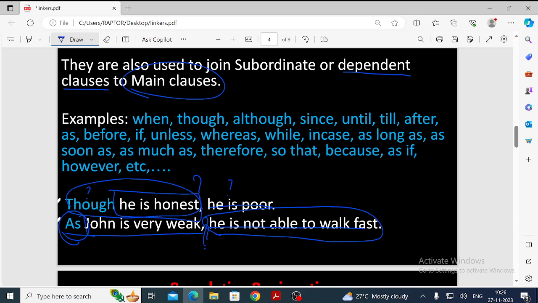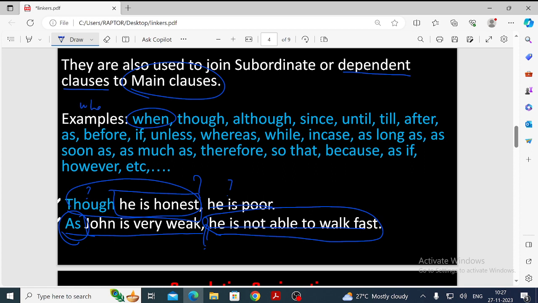Okay, so here we have n number of conjunctions, like 'when'. 'When' is a conjunction. For example, dash, I saw the thief, I called the police. Here I will give you the options because it will give you confusion.